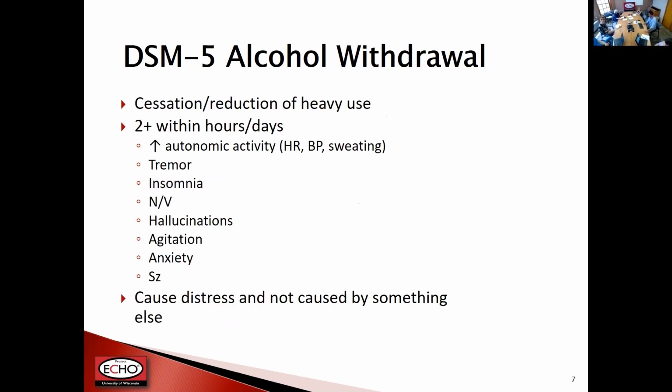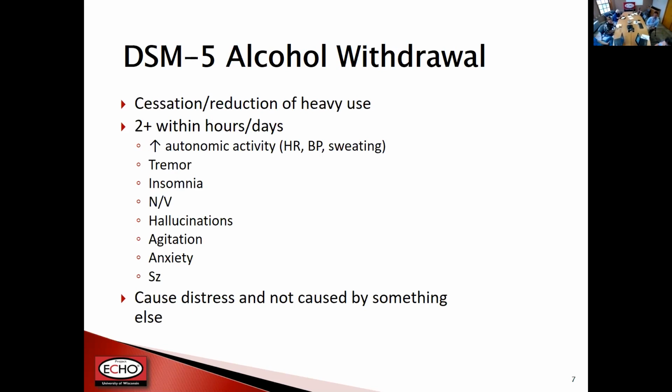lines. DSM-5 also has specific criteria around alcohol withdrawal, and of course involves a period of heavy daily consumption and then cessation or reduction of that use, and experiencing 2 or more of the symptoms you see listed within hours or days of that abrupt reduction or cessation.